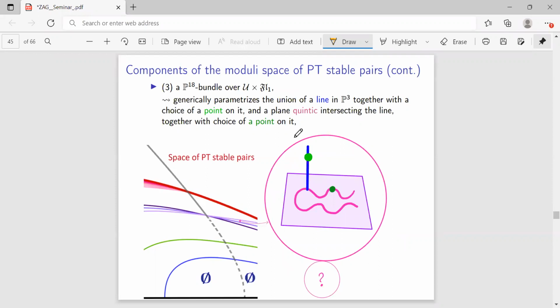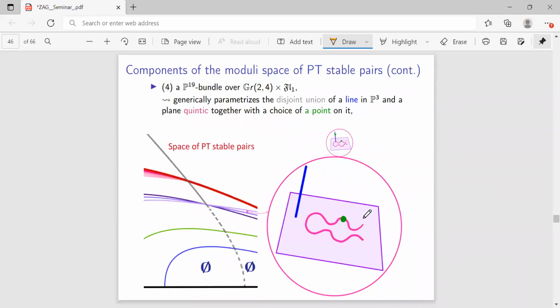which generically parameterizes this picture here. Again, a plane quintic with a marked point, a line intersecting it, and a marked point on the line. And then the next component, which is given again by the same wall, is very similar to this, except that this time, this line and quintic don't intersect and you have one marked point less.